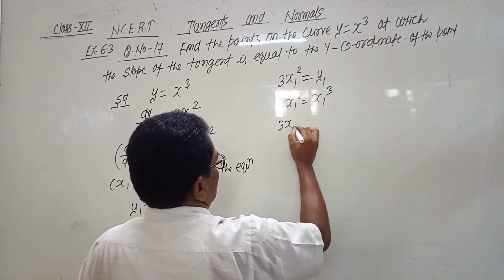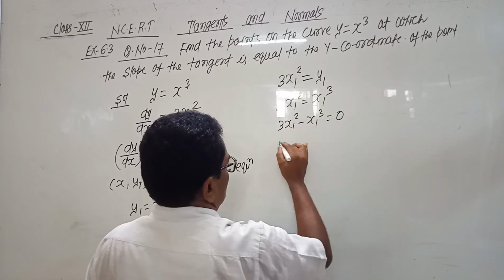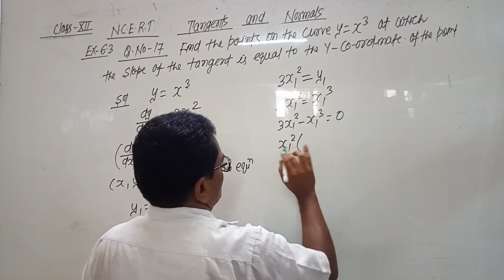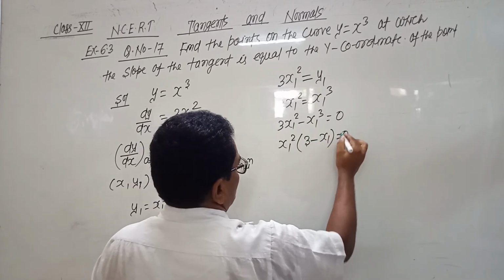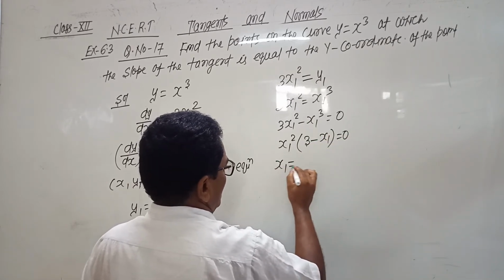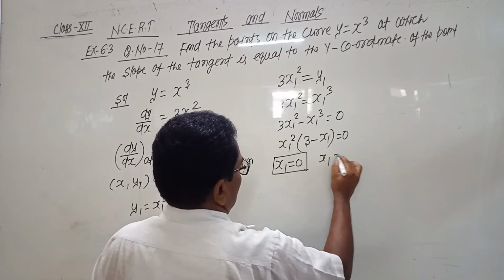So 3x1 square minus x1 cube equals 0, and x1 square is taken common, so x1 square times 3 minus x1 equals 0. So we get two values, x1 equals 0 and x1 equals 3.